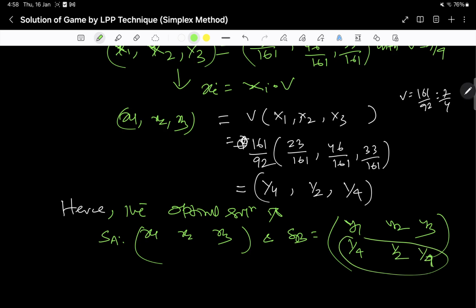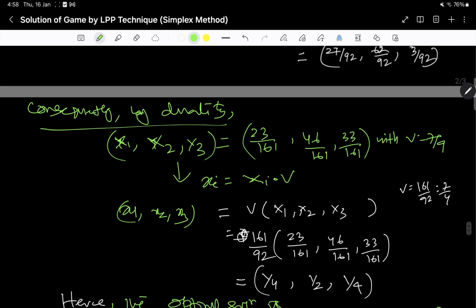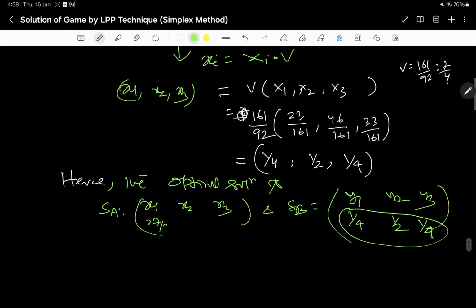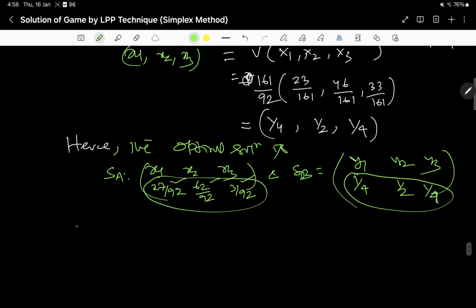And for B it is 27 by 92, 62 by 92 and 3 by 92. Also if you find the sum, it is 92 by 92, which is 1. With the value of the game being 7 by 4. This is your solution, this is the answer here.